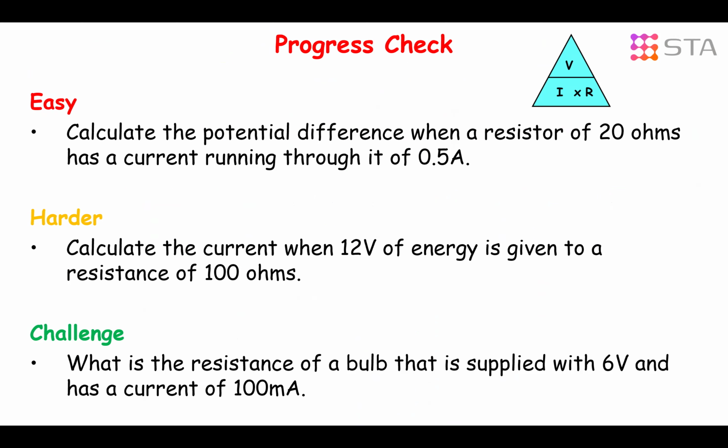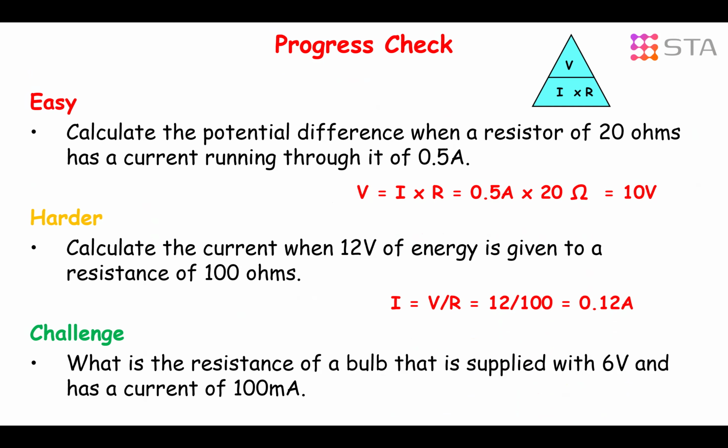Okay, so unpausing, let's go through. The first one is asking you to work out V, simple as 20 times 0.5 amps, which is 10 volts. Second one, calculate the current. I is V divided by R. 12 divided by 100 is 0.12 amps. And the last one, now this is a tricky one, and the reason it's a tricky one, I will now annotate it now that you've had a go, is because a milliamp is a thousandth of an amp.